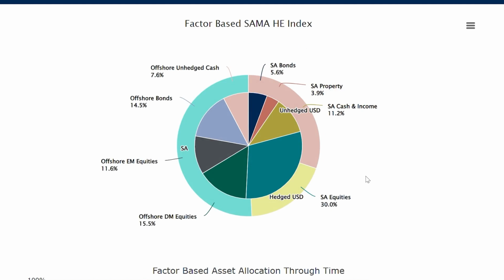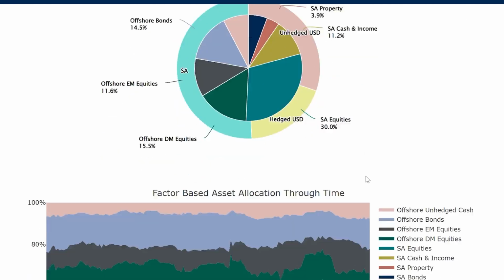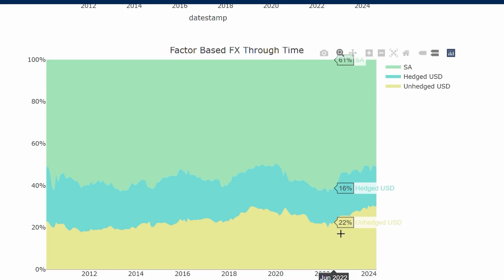Now, how did this look over the past couple of months? We look at the unhedged dollar exposure and the hedged dollar exposure, and we see that steadily increasing since 2022. So that's 100% spot on that our peers are moving more and more offshore.